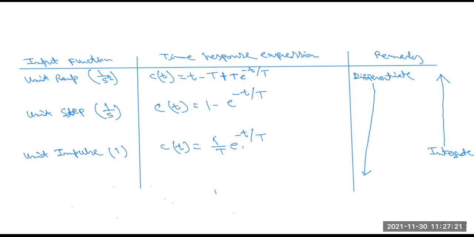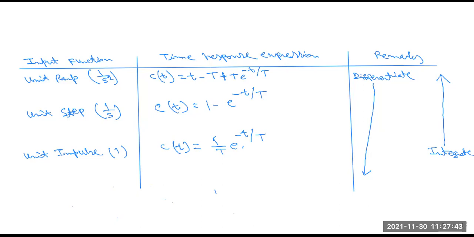And the controller part we have to discuss here, second order system, that means omega n square by s into s plus 2 zeta omega n. And what is zeta?